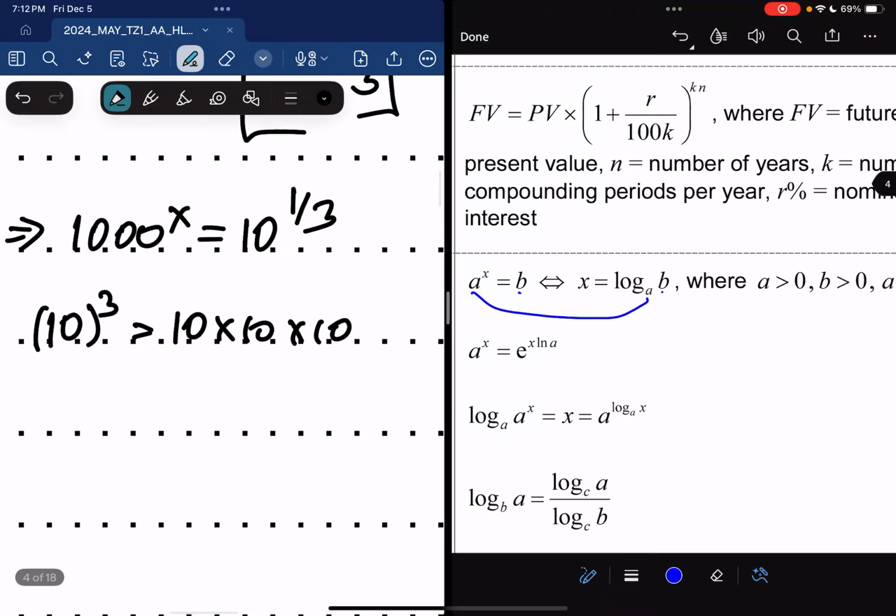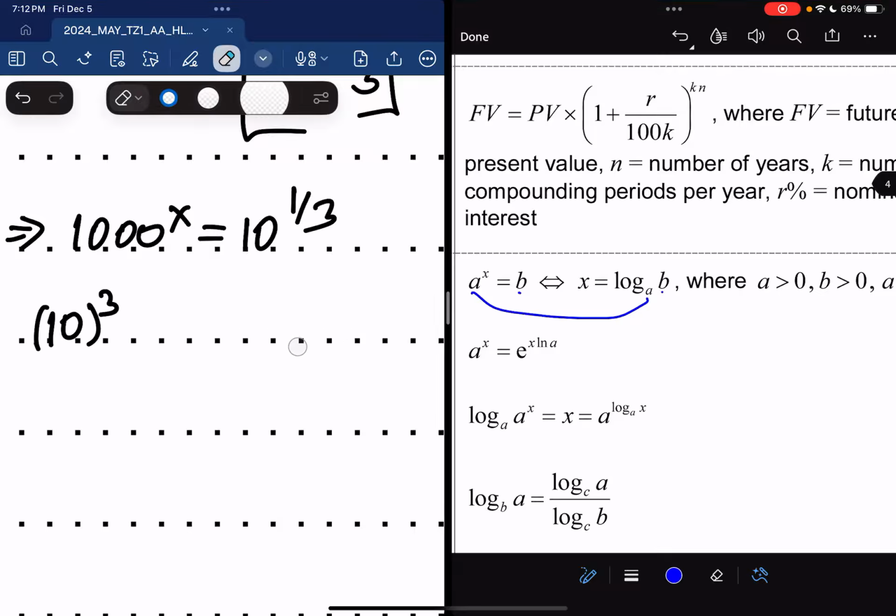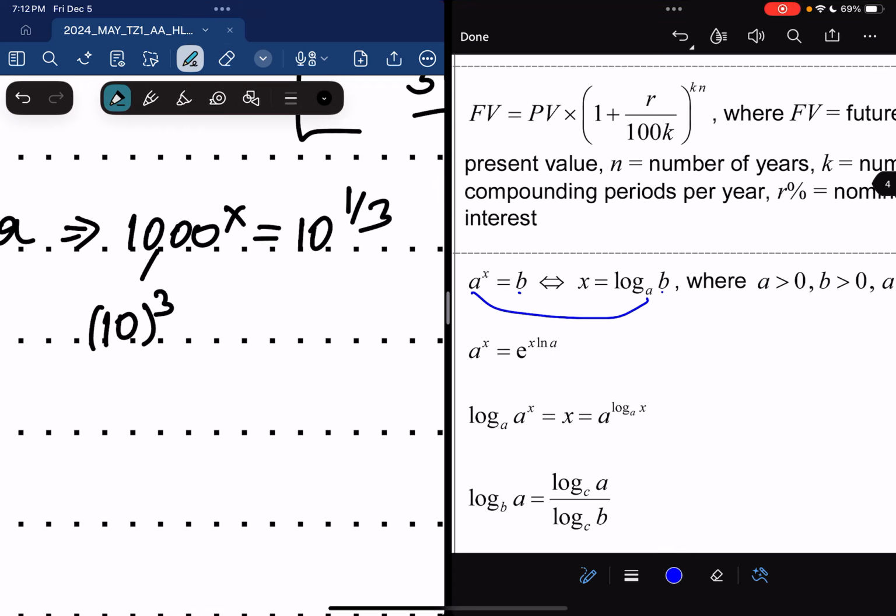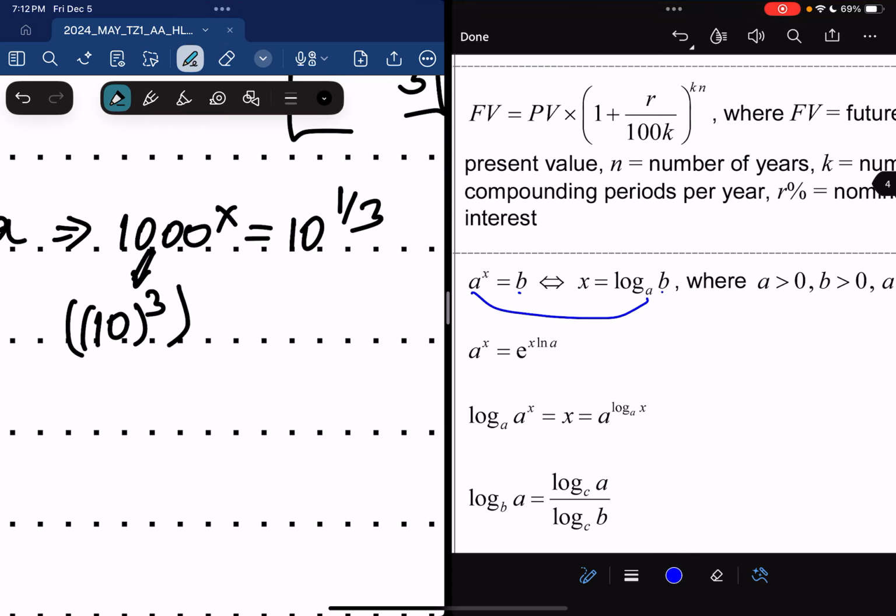So I can convert this into that and just put it to the power of x. So I have the same base, and I have 10 to the power of 1/3 here. So far, so good?